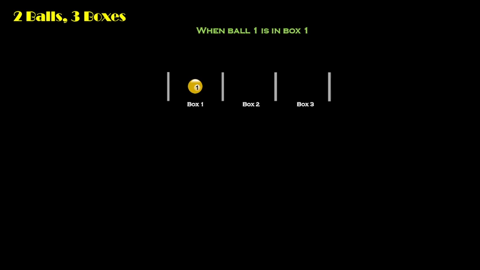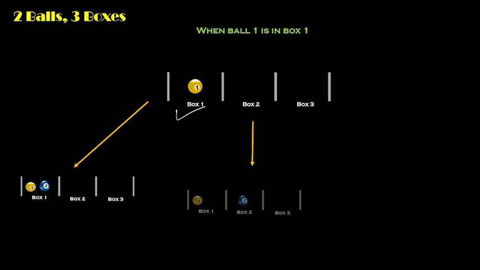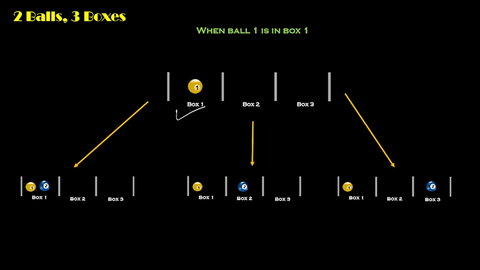Now we take another ball, ball number 2. When ball number 1 is in box 1, ball number 2 is also equally likely to occupy any box. So when ball 1 is in box 1, ball 2 can be in box 1, or in box 2, or in box 3.